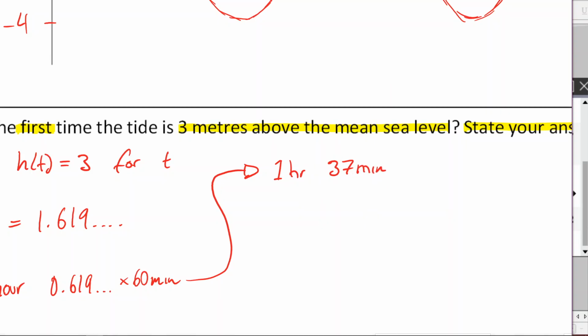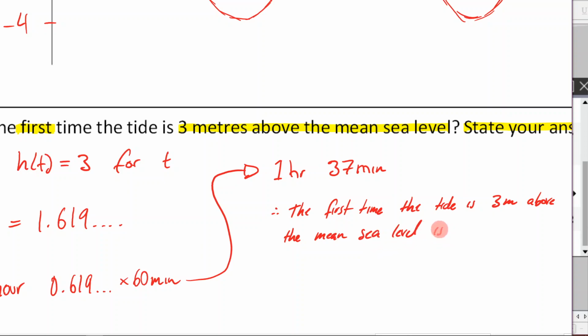Okay, so what am I going to say is my final answer now? I'm going to say, therefore, the first time the tide is 3 meters above the mean sea level is, now I'm starting at 2 a.m. and then this is 1 hour 37 minutes, so it's going to be 3:37 a.m. That is going to be my answer.